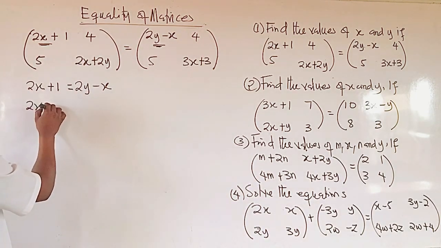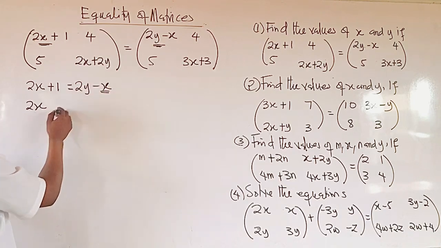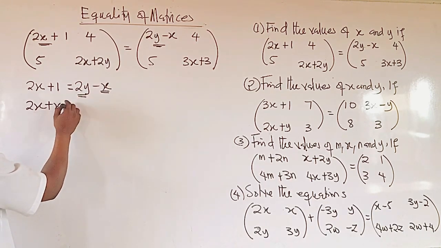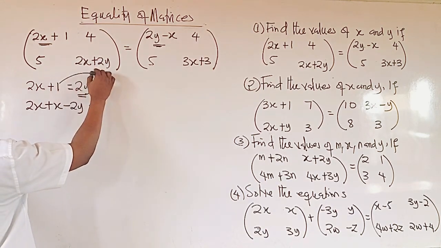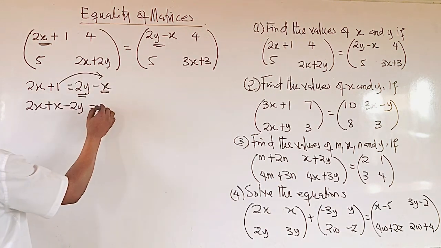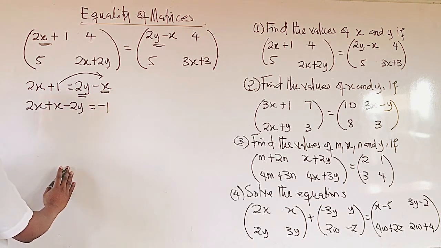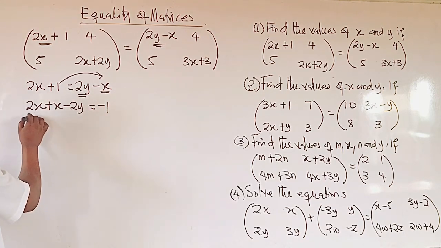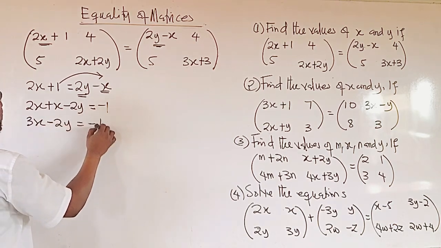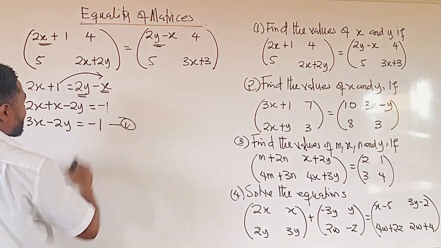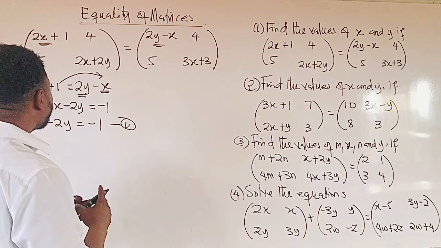So I have 2x. This will come to the left hand side, it will be plus x. This will come to the left hand side, minus 2y, equal to, we transpose the 1 to the right hand side, and it will become negative 1. So I have 3x minus 2y equal to negative 1, and I'll name it equation 1.